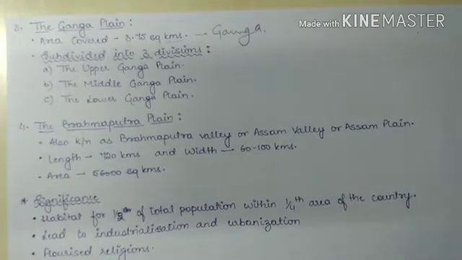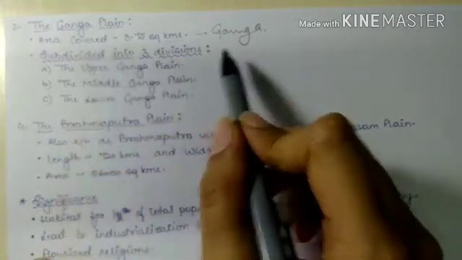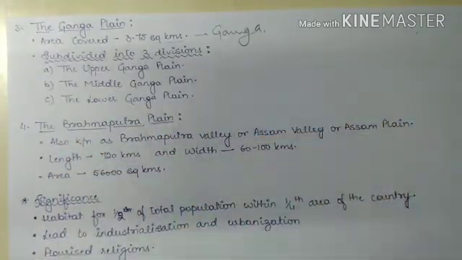Now, the Ganga has a large number of tributaries that originate from the Himalayan range. So we have Yamuna, Gomti, Ghaggar, Gandak, Koshi, etc. These rivers bring with them a huge amount of alluvium from the mountains, and they deposit it in this extensive plain.